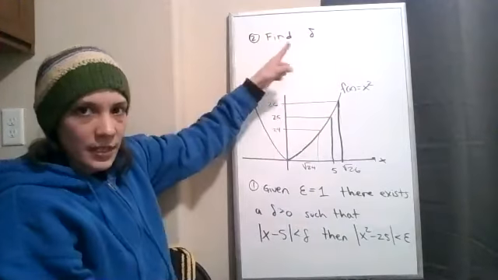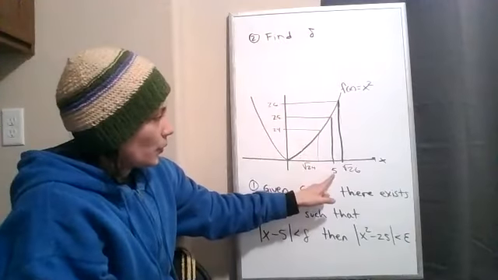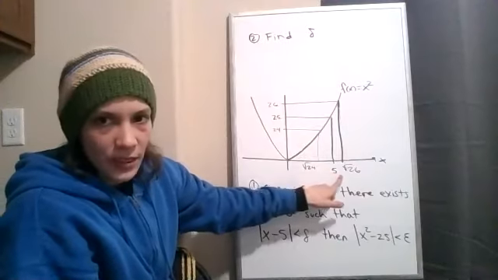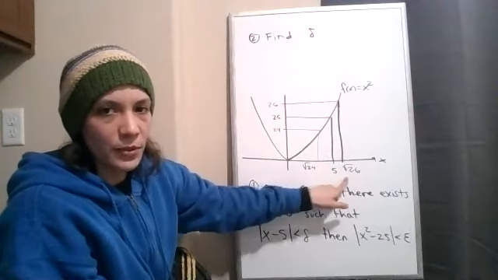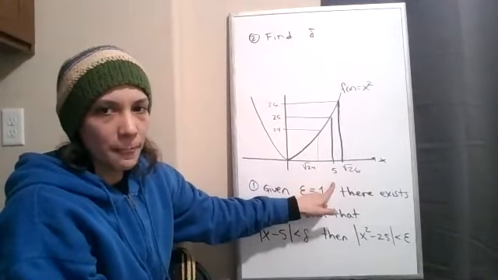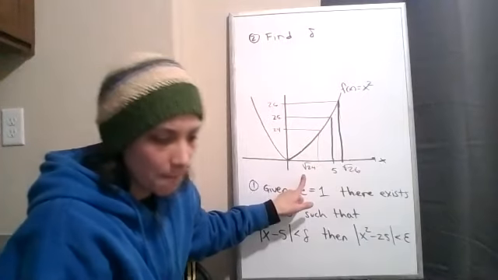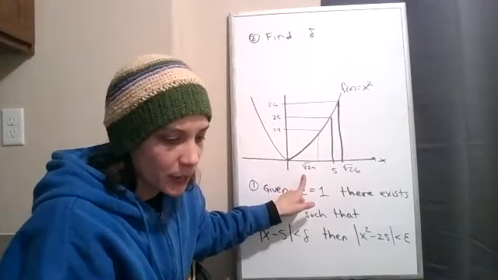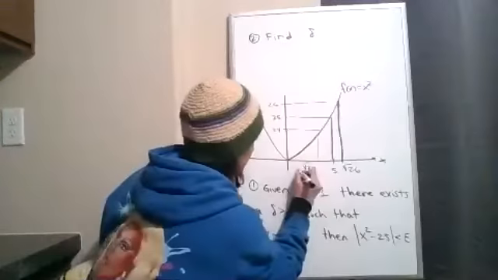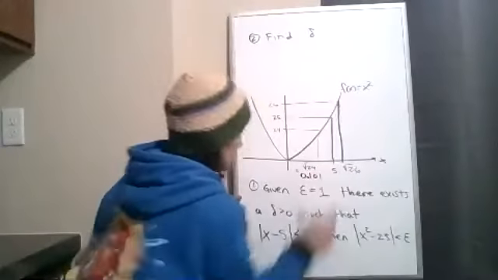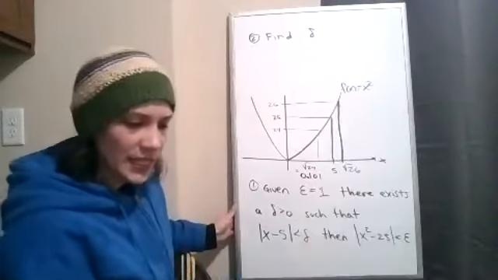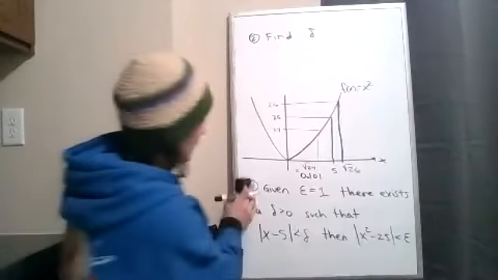Okay, we're looking for some delta. So we want delta to be the smaller distance between 5 and root 26 or 5 and root 24. Root 24 is 4.899. Root 26 is 5.099.